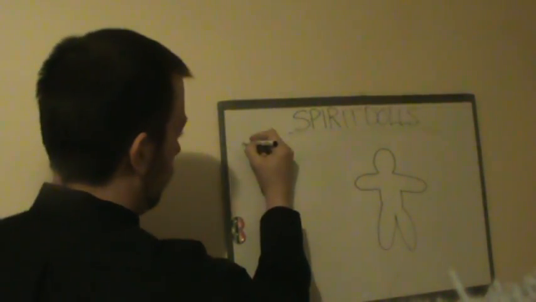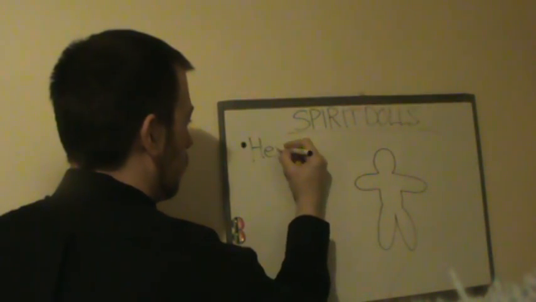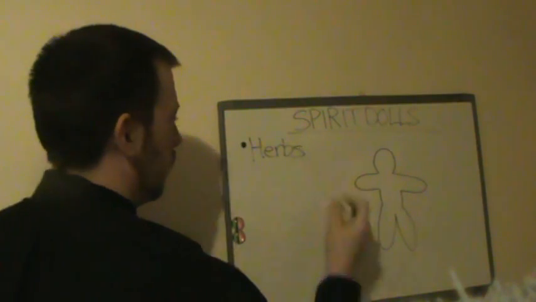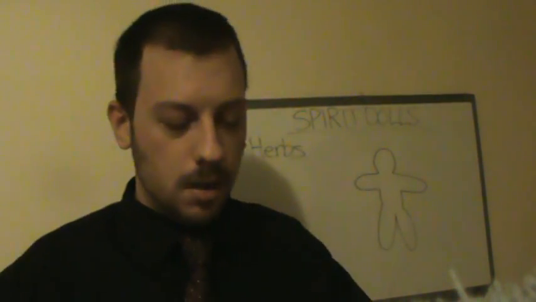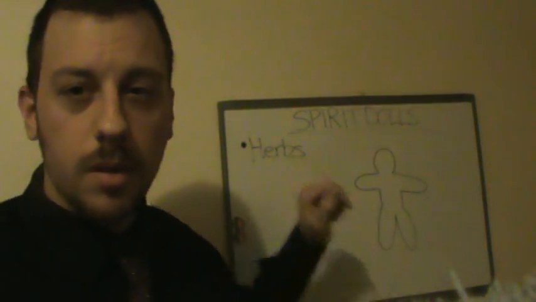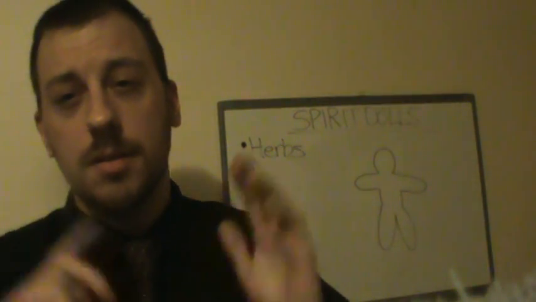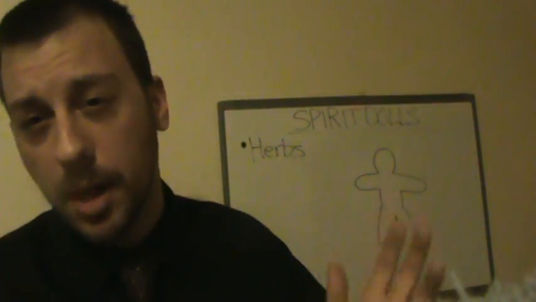First of all, you will need herbs. Herbs are believed to have occult properties to them. Just like herbs have medical properties, they're also believed to have spiritual occult properties.